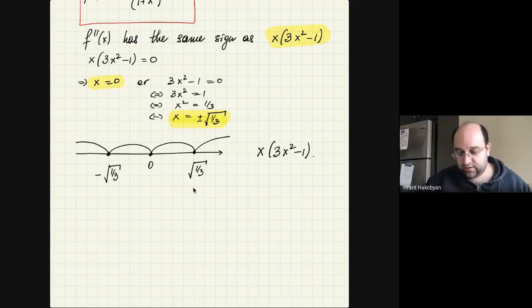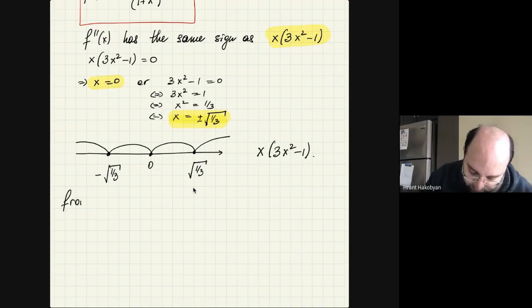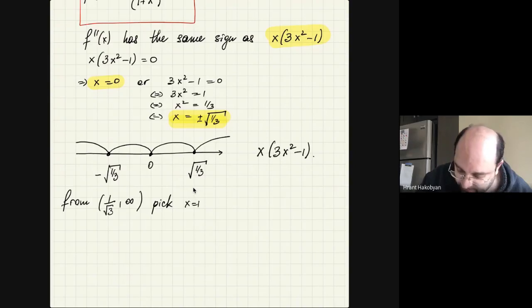From 1 over root 3 to infinity, let's do x equals 1, right?